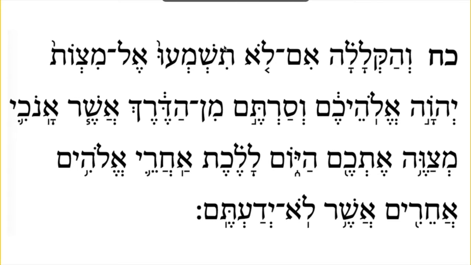Okay. This is ta with the chirik. This says ti. This is a shin. This shiva is going to be silent, in the middle of the word. So this is tish. Yes, very good. Tish. And then this is a mem. This is going to be sounded because this one is silent. If the first one is silent, I'm gonna say 99% of the time, sound the second shiva.